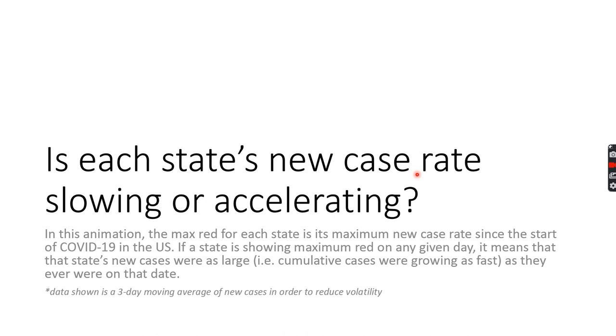The max red for each state will be that state's maximum new cases. So, for instance, if New York's maximum new cases was 450 per million population per day, and today it is at 225, then it would be kind of a 50% red. And if a state were to get all the way back down to zero, then it would be white.